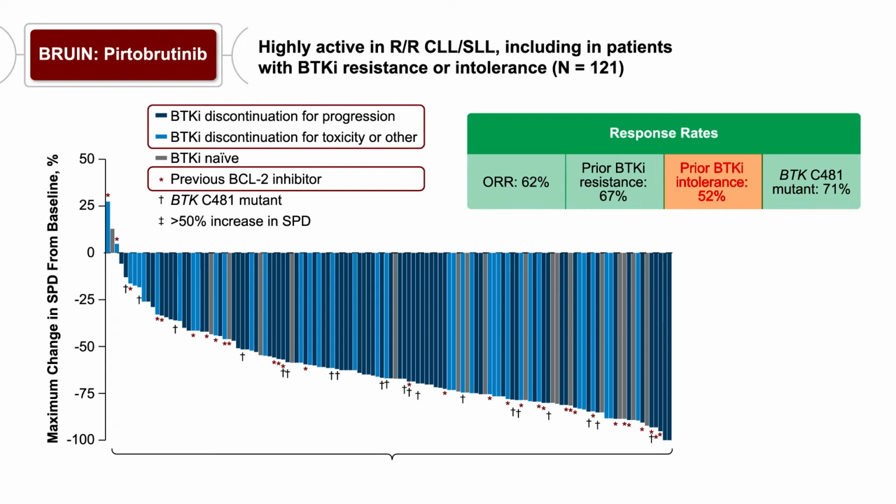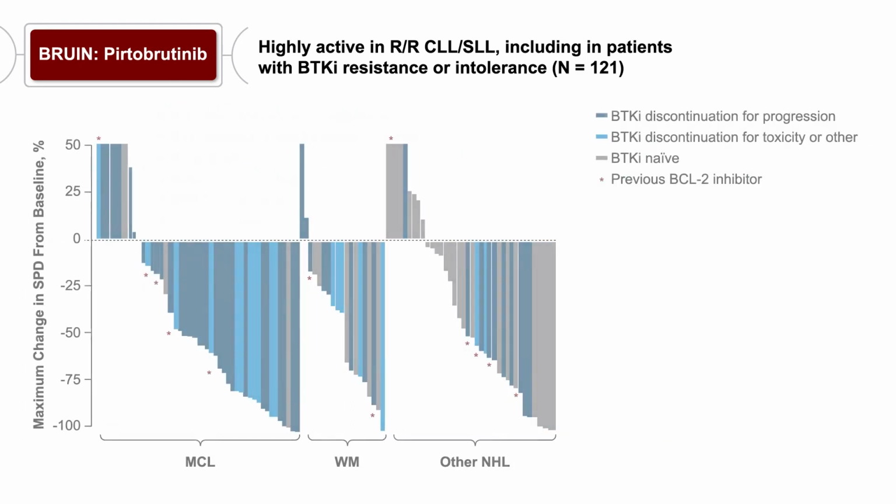And for the specific mutation, which is well defined as a mechanism of resistance to the covalent irreversible inhibitors of BTK, the C481 mutation, the overall response rate with pirtobrutinib was 71%. This demonstrates that what we have learned mechanistically about how this drug works actually plays out in clinical practice: these drugs can be effective even in patients who have resistance mutations.